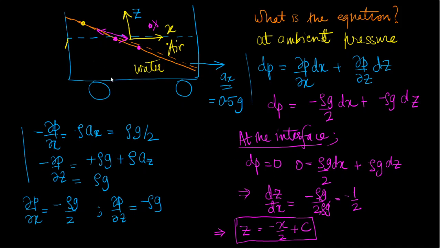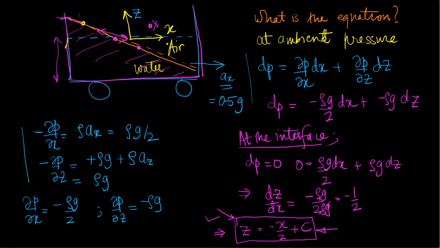So this is an equation for a line with a negative half slope with a certain intercept. And the way to find the intercept is that given this shape exists, given the dimensions of the vehicle, I can find out the volume of water in the deformed condition in terms of the offset, and I know how much volume already existed in the tank mounted on the vehicle at the initial time.